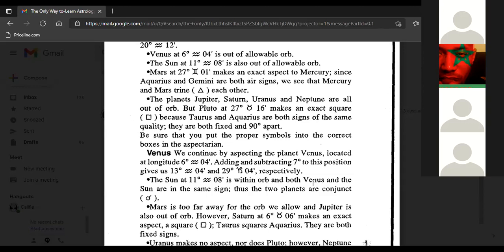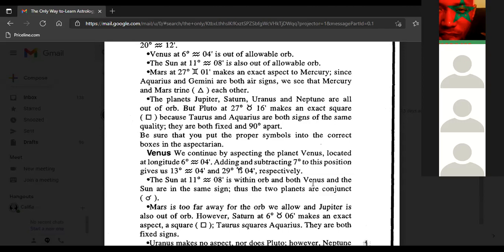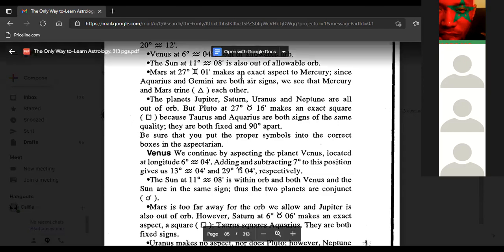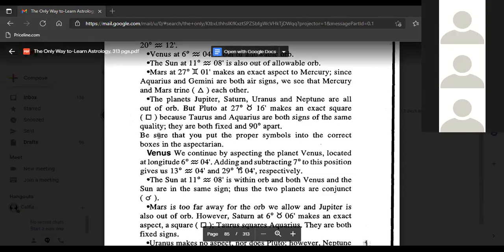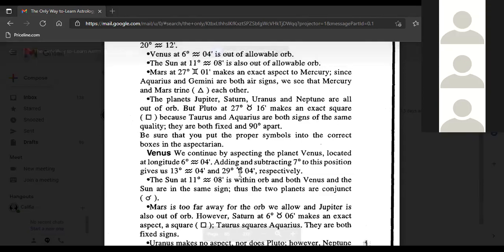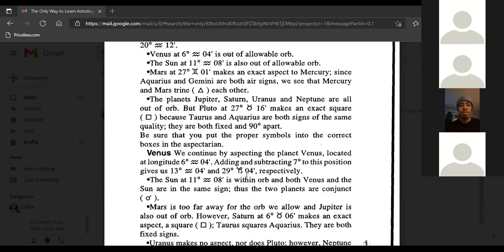Venus. We continue by aspecting the planet Venus located at 6 degrees Aquarius, 4 seconds. Adding and subtracting 7 degrees to this position gives us 13 degrees Aquarius, 4 seconds and 29 degrees, 4 seconds respectively.